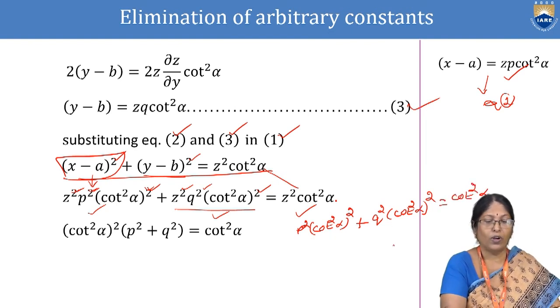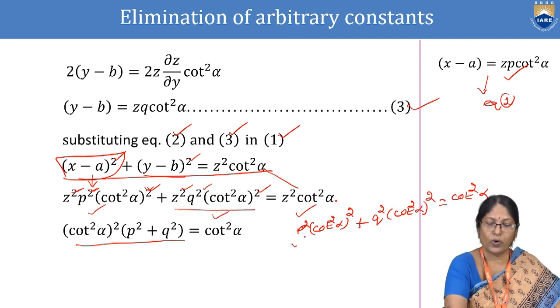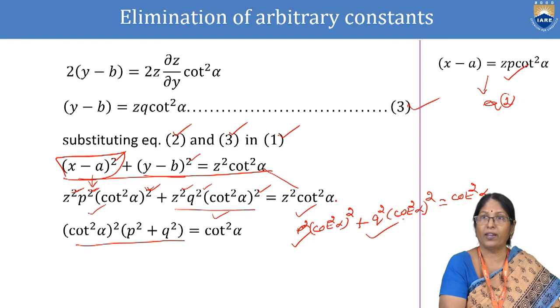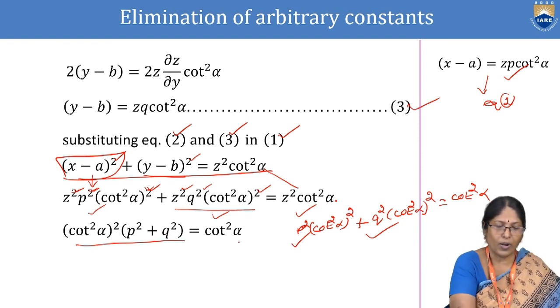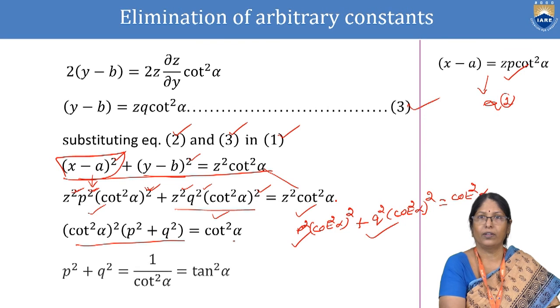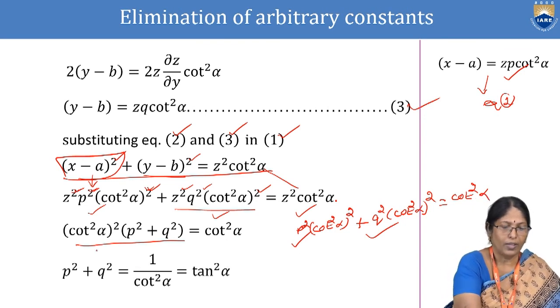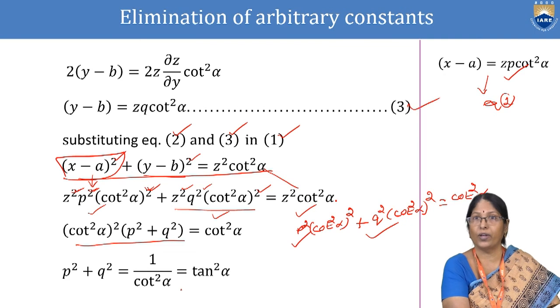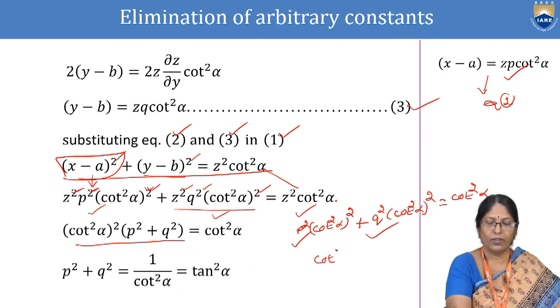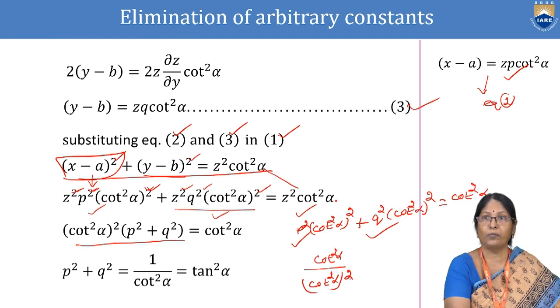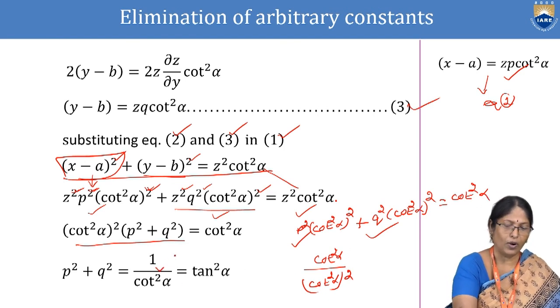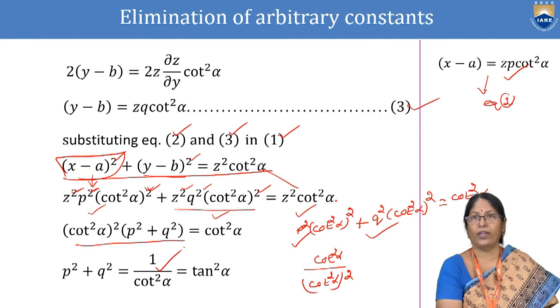Now cot square alpha is common. So here cot square alpha, the whole square, has been taken. Here p square balance, here q square is balance, equal to cot square alpha. So cot square alpha by cot square alpha the whole square. Here 1 is there, here 2 times is there, cancelling, we got 1 by cot square alpha.